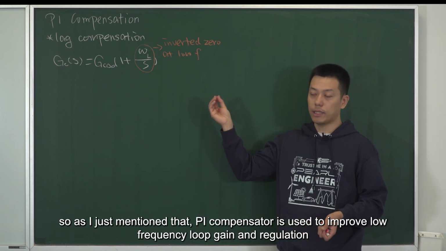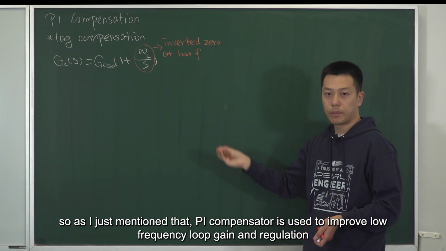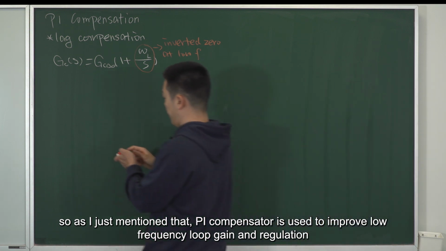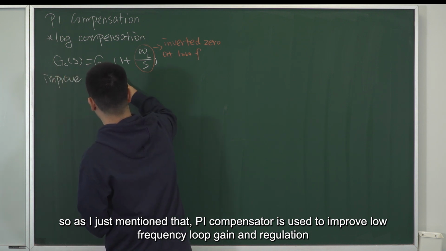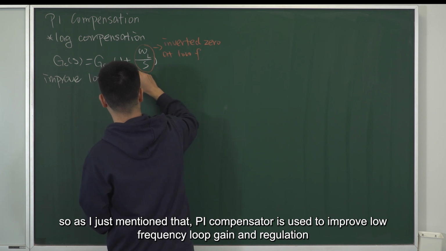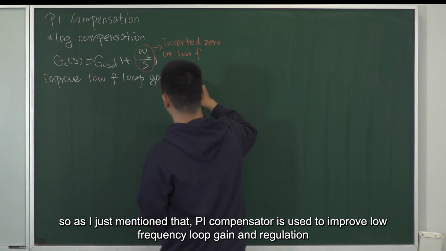As I just mentioned, the PI compensator is used to improve the low frequency loop gain and regulation.